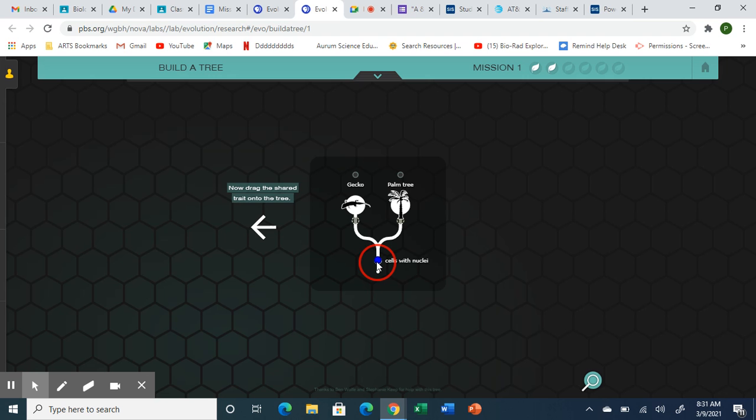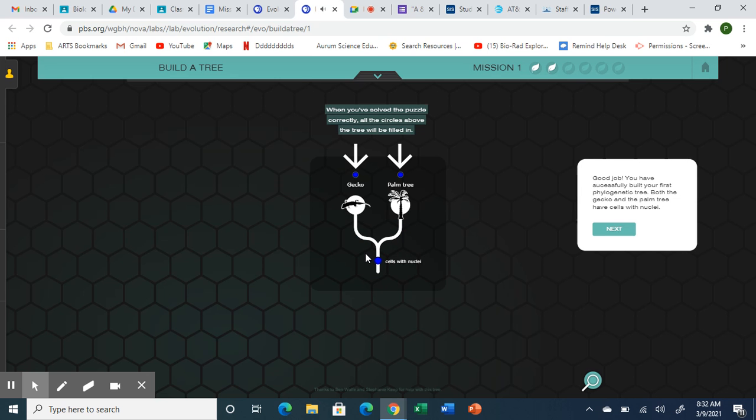But because I think they share it, I'm going to put it down here. So let's move this over for you guys. You see the circles? Okay. And it tells you, good job. You have successfully built your first phylogenetic tree. Both the gecko and the palm tree have cells with nuclei.